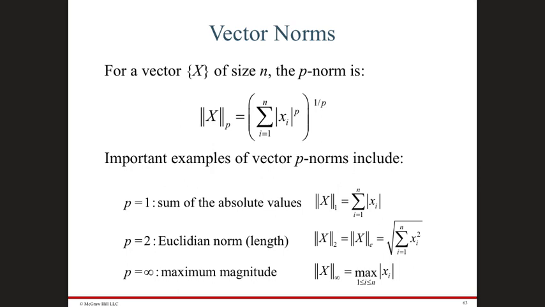If you put P equals 1, you get exactly the same as the absolute sum norm, right? If you put P equals 2, you get exactly the same as the Euclidean norm. Now, what if you put P equals infinity? Can you really figure out why this becomes the maximum among all the elements? Try to think about it, and maybe next time we can discuss it. You can look it up also.